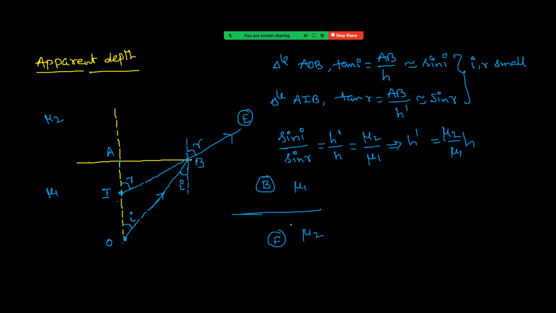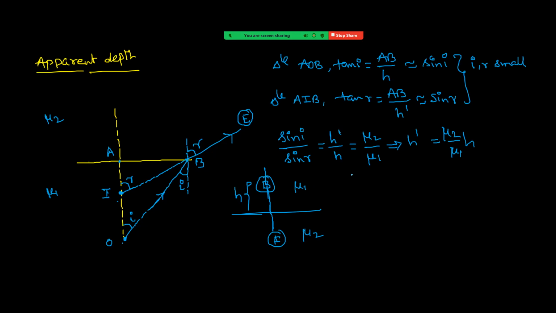Mu1 is the medium in which the object is, or from which light rays are coming. Now mu1 is less and mu2 is more, so this total value is now more. That means for the fish, the bird appears to be at more distance. If the actual height is h, the height at which it appears to the fish is more than h.